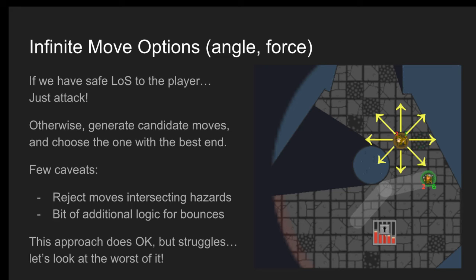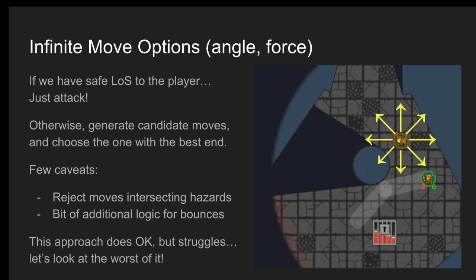So the way that the enemy would decide how to use that Dijkstra map when picking its turn is that it would just generate a bunch of candidate moves. First of all, if we have an attack, we take it. But otherwise, we consult the Dijkstra map, and we generate some candidate moves. Here, I've shown a few, but in reality, it was more like 20. And then we take a guess at where those are going to end up by taking into account the fact that we're going to bounce off that wall in a very primitive way.